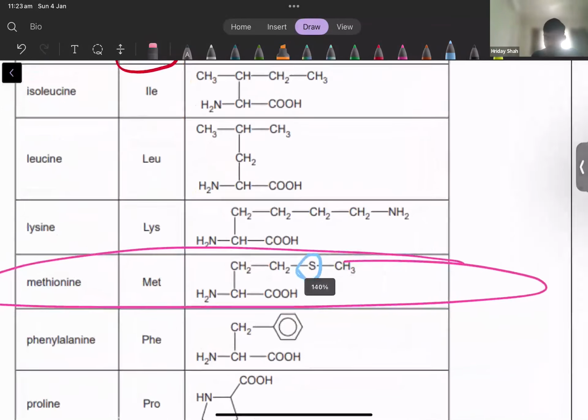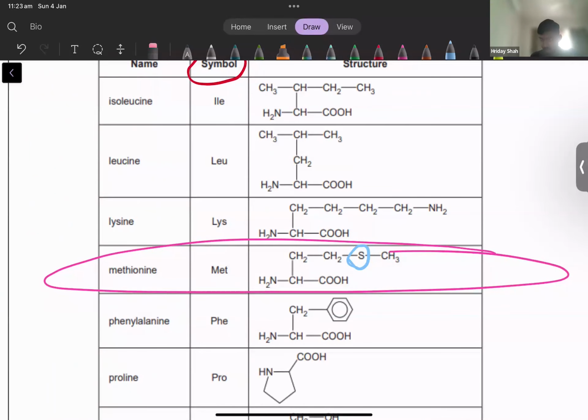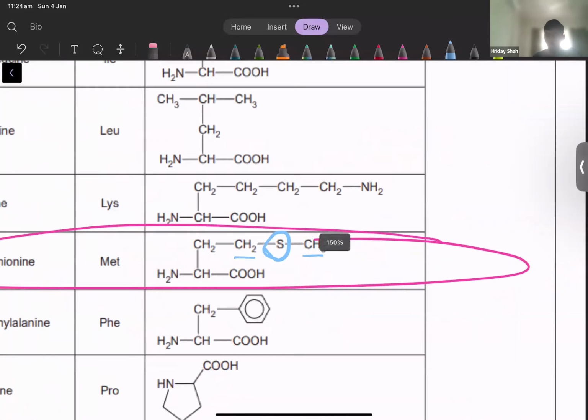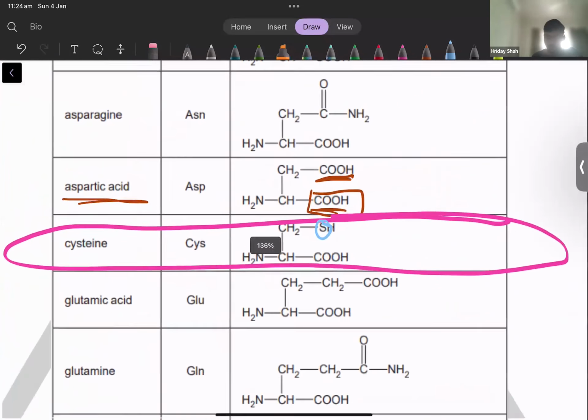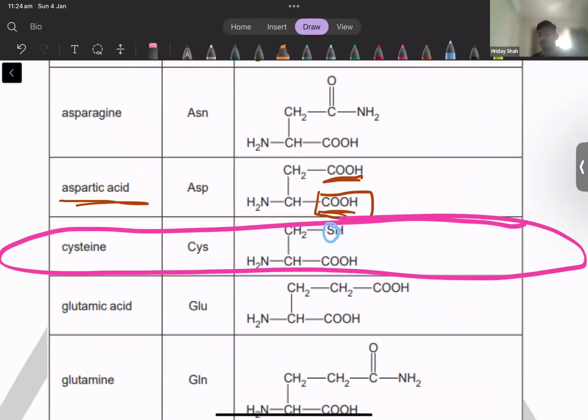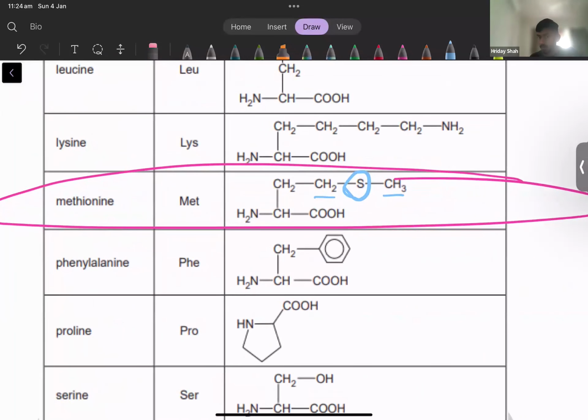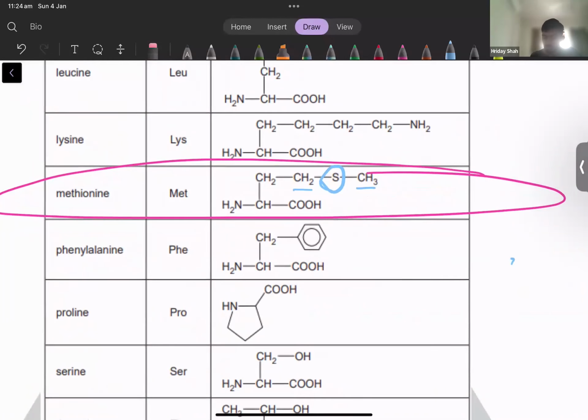However, if you look at the sulfur for methionine, it is surrounded by carbon and hydrogen groups, whereas the sulfur for cysteine is at the very end of the molecule. So the sulfur for methionine is not available for bonding. If you imagine this is sulfur here, it is already crowded by carbons and hydrogens next to it, so it cannot form another bond.